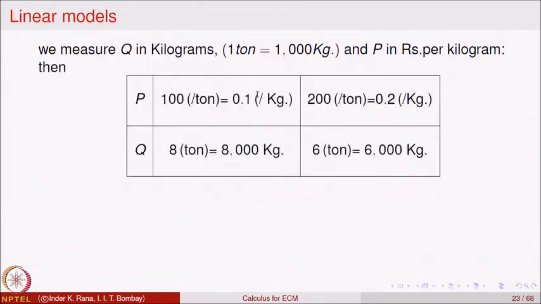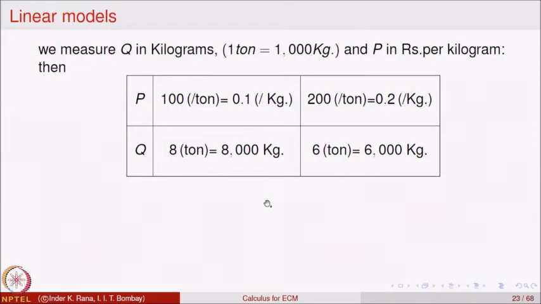Let us see the conversion. When P is 100 per ton, it is 0.1 rupees per kg. For a quantity Q of 8 tons, that is 8000 kg, and for example 6 tons it will be 6000 kg, because 1 ton is equal to 1000 kg.